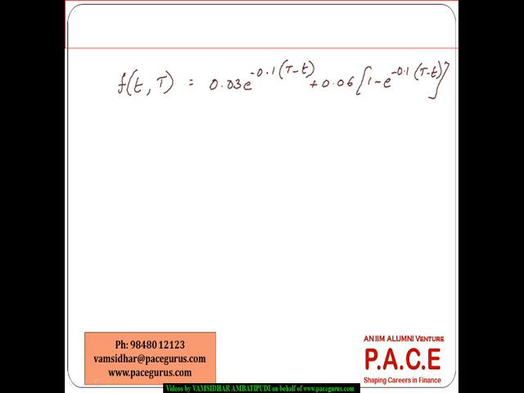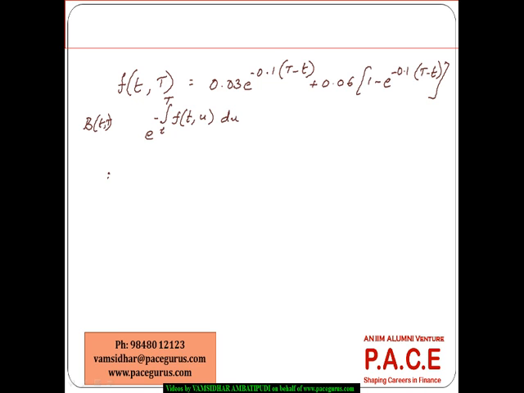Now with this, I want to find out B t and R t. We know that B t, to start off, for time period T, is e to the power of minus the integral between t and T of f of t comma u du.